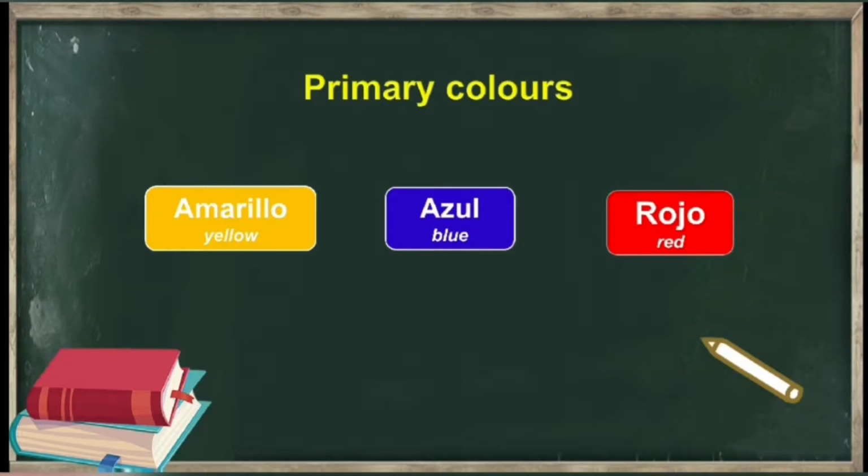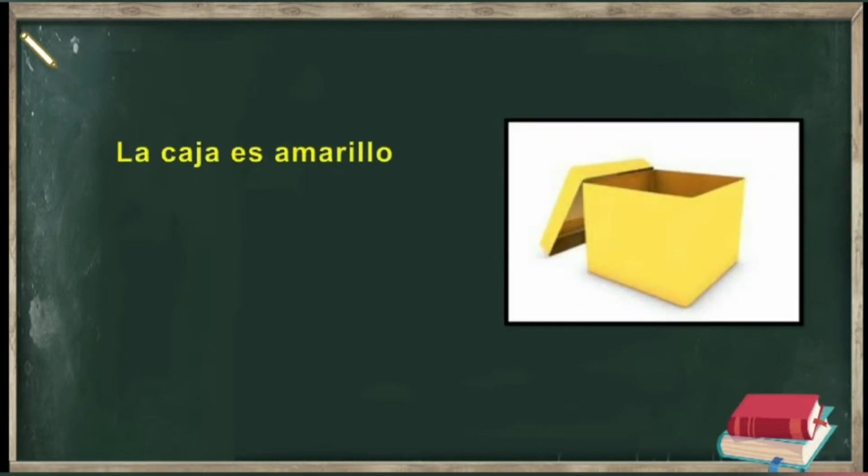Now let's see some examples based on these primary colors. La caja es amarillo, which means the box is yellow, where amarillo means yellow. Let's see the next example.